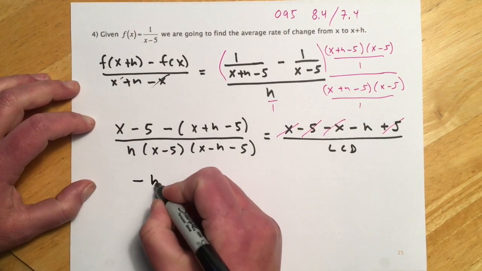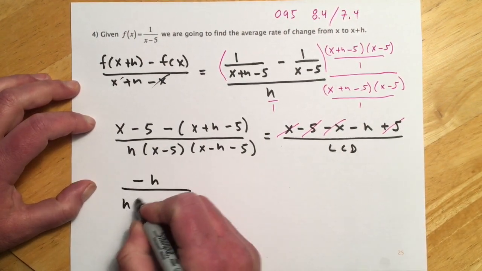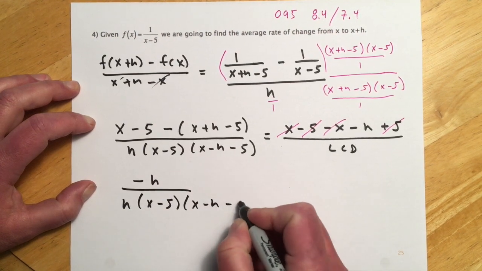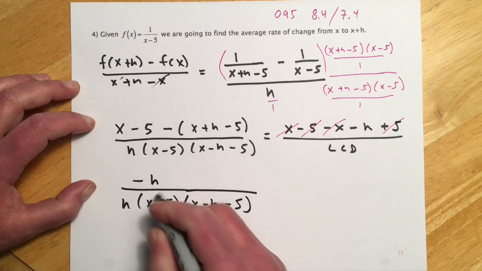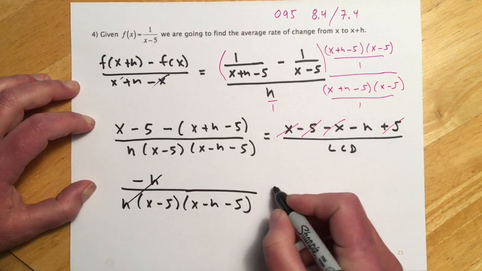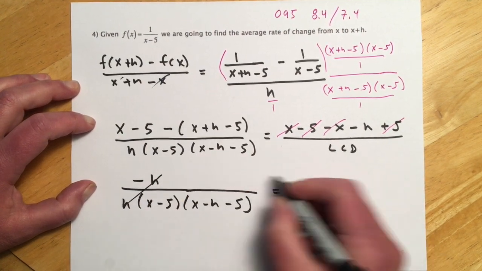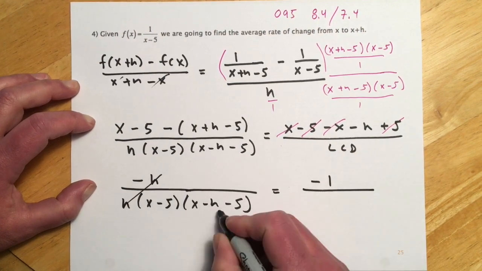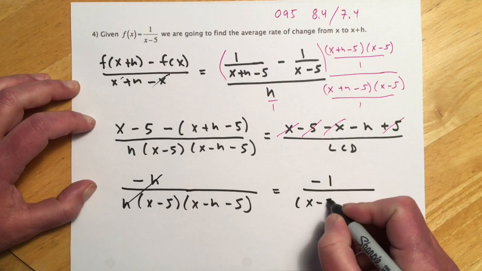So that's going to just leave negative h. And now I need this stuff. Because now you can cancel those. And then to write the answer, when the whole numerator gets canceled, I can't just have like a floating negative sign. So it's negative 1 over that stuff that's left.